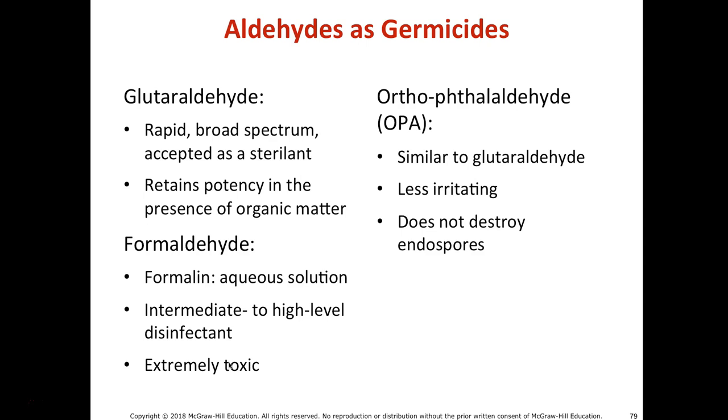So next we have OPA, and this is very similar to glutaraldehyde. It is less irritating. This is more of a pale blue liquid instead of yellow like the glutaraldehyde. They work by a similar mechanism, attaching to the amino acids and not allowing them to go through those processes we talked about in class, like DNA replication and transcription and so forth.